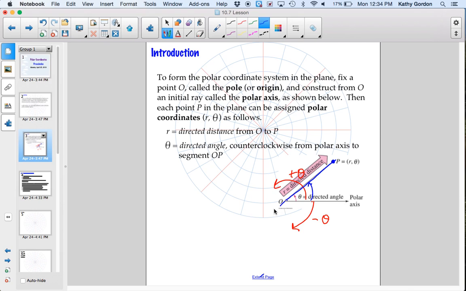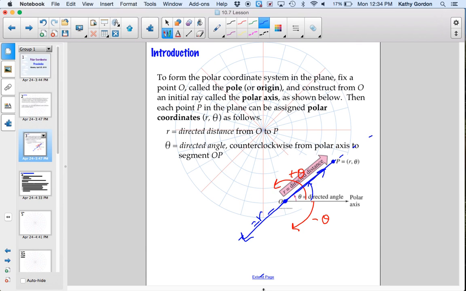So you can imagine that this line could extend in either direction, right? So if I get here as my terminal side, but I have a negative r, instead of going from O out this way to get to my point, I go from O this way to get to my point. Okay, that's the negative r.